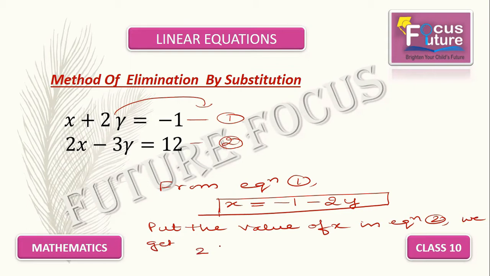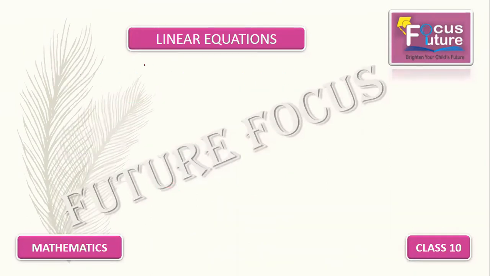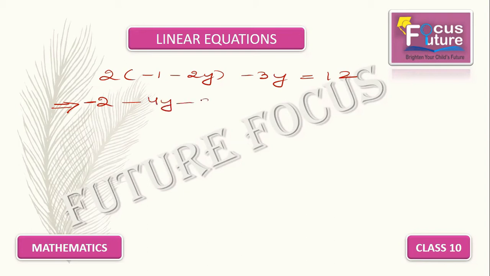We get 2 into minus 1 minus 2y, minus 3y is equal to 12. Now let us further solve this. Take 2 inside. This would be minus 2 minus 4y minus 3y is equal to 12.